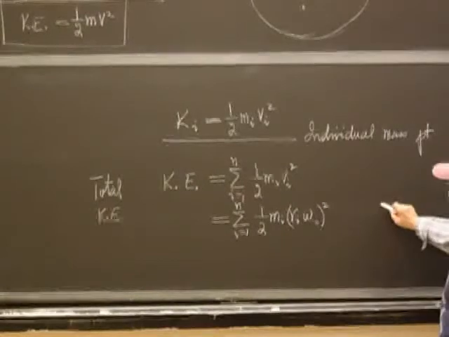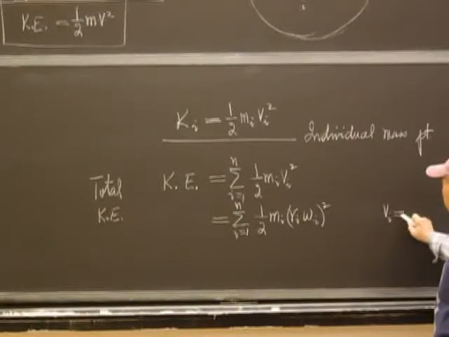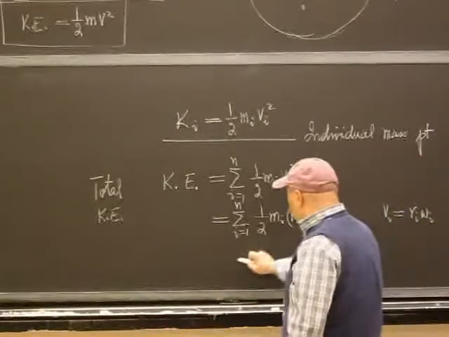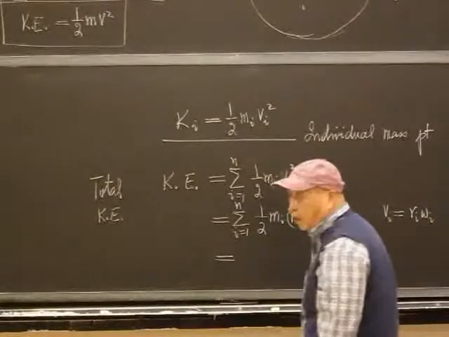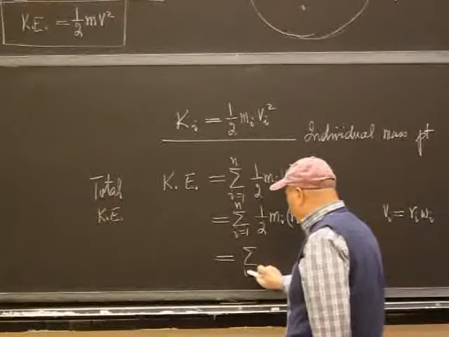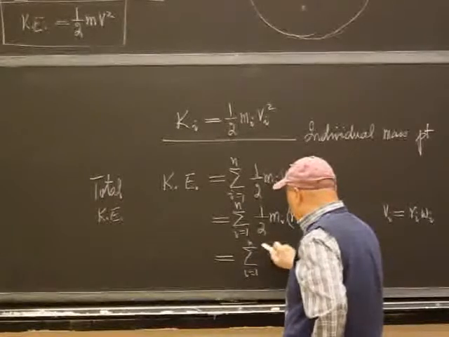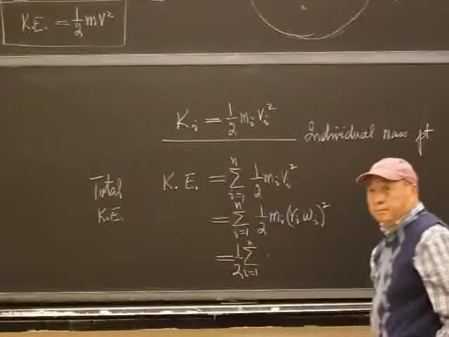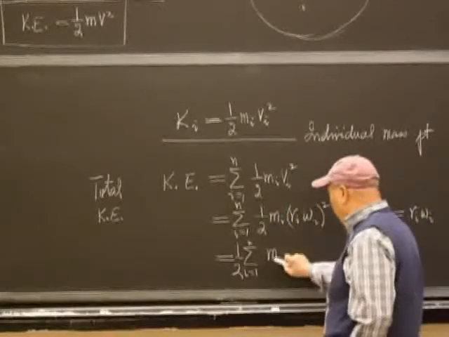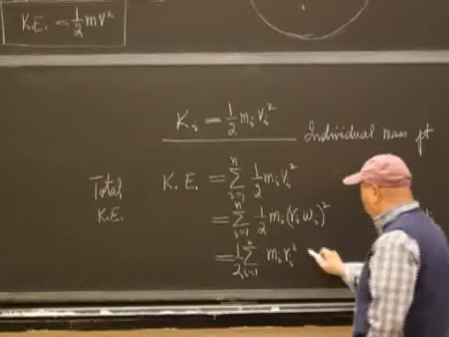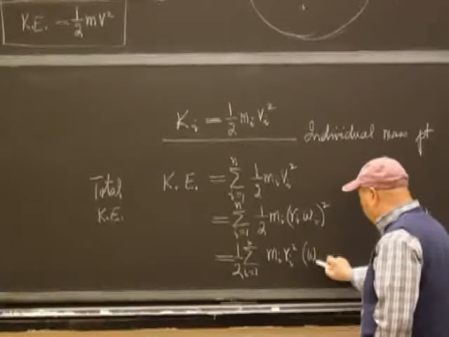You factor this out, bring the 1/2 outside, then you have Mi Ri squared times omega i squared.